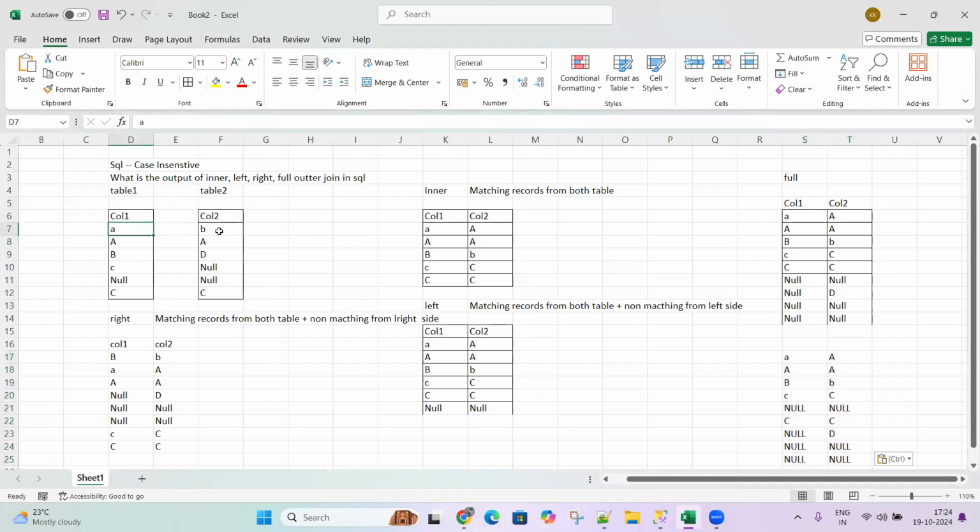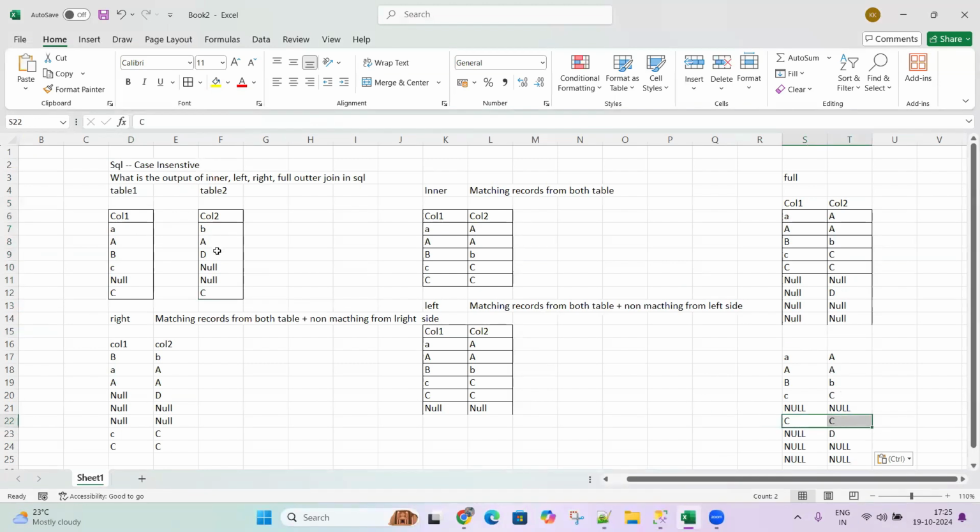A matches with A, that came as the first record. A matches with small a, that came as a record. Now B matches with B, that came. Now C matches with C, that came. Null, we don't have null, so that null is there. And this capital C matches with c, that came.